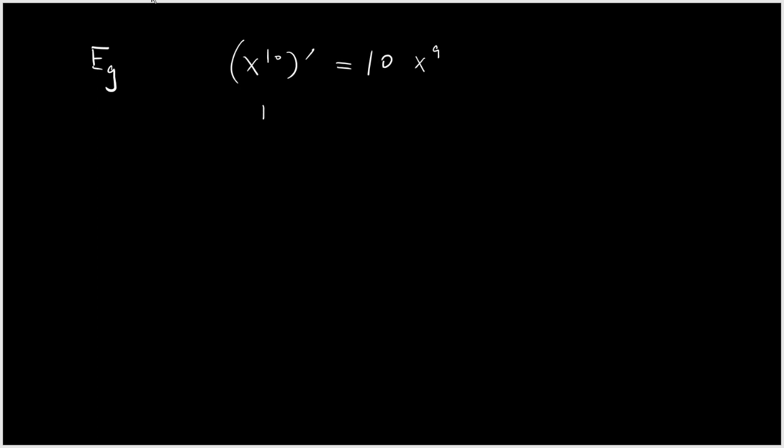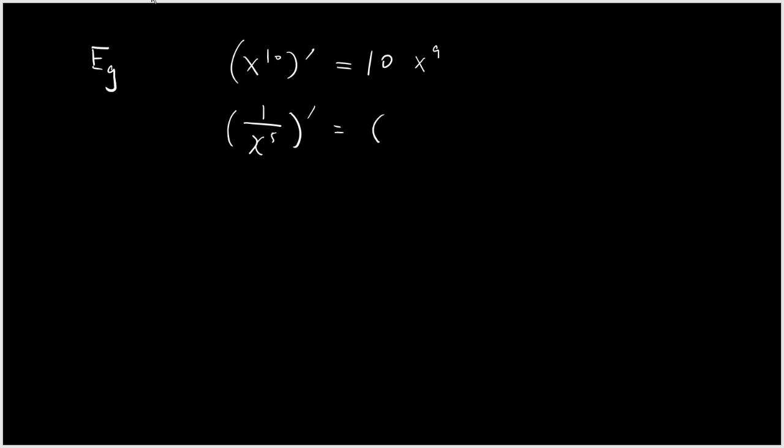Now let's try a few more. Essentially, it's practicing how to convert the functions to the form of power functions. Now let's say if I want you to differentiate 1 over x to the power of 5, the first thing you do is to convert the function to the form of a power function.